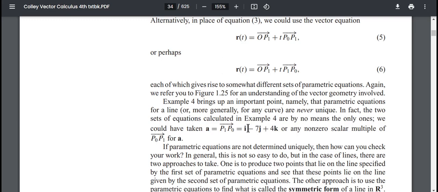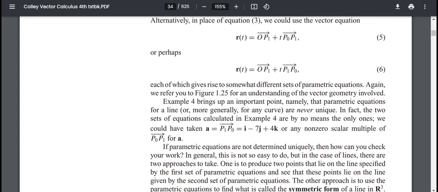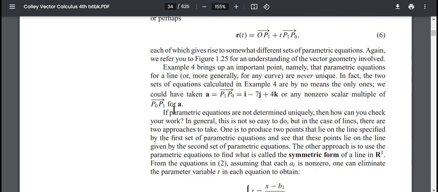So like we multiply everything by 2, so then we'd have 2i minus 14j plus 8k, and that's going to be still in the same direction. We've talked about multiplying by a scalar doesn't change the direction, but that's going to give us a different set of parametric equations.